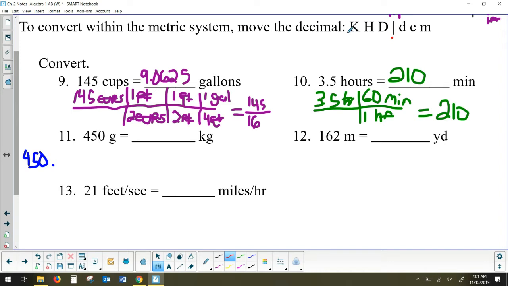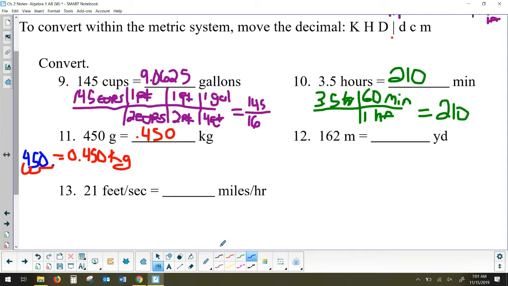Goes 1, 2, 3. So you can do that. 1, 2, 3. So it's 0.4, 5, 0.